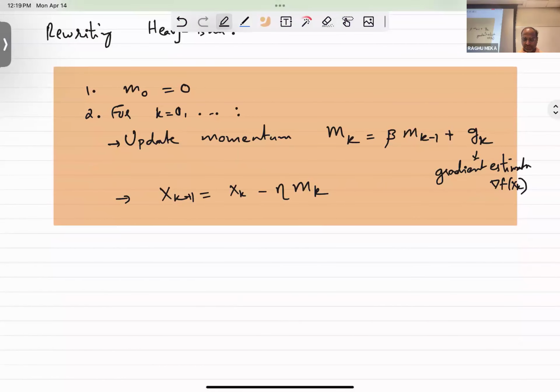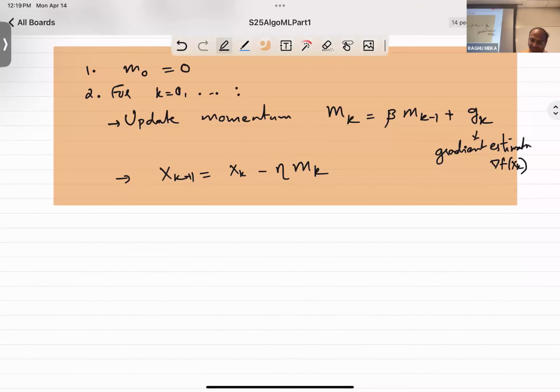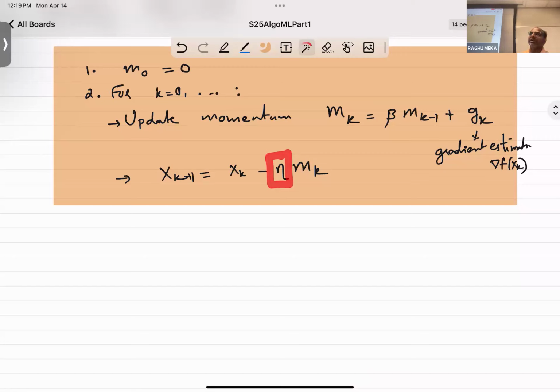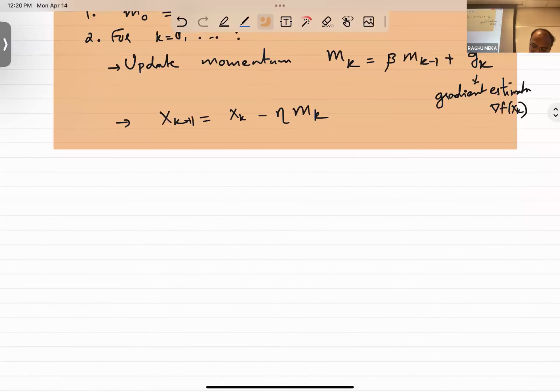Okay. And so this is just a rewriting of momentum, and now we can put the two together, right? So we're going to change this eta to include adaptive rates, but it makes more sense to do the exponentially weighted average. So that's what ADAM is.